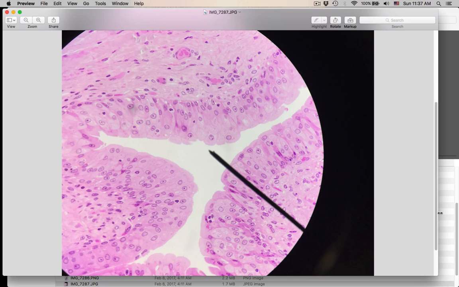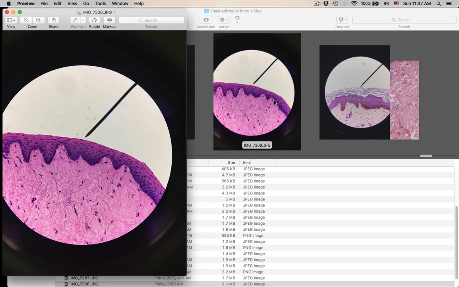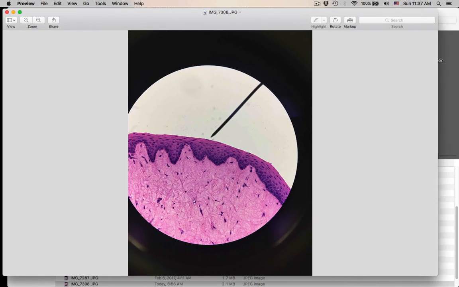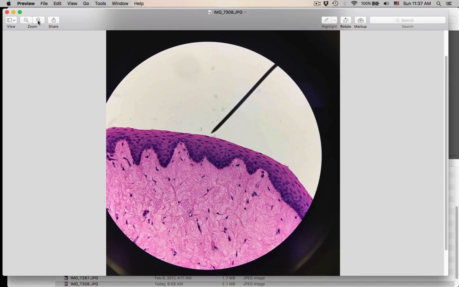Once you've seen them a few times, you have got them. That's 29. What is the epithelial tissue facing the pointer?